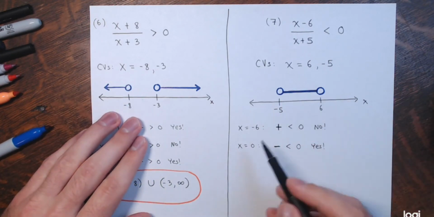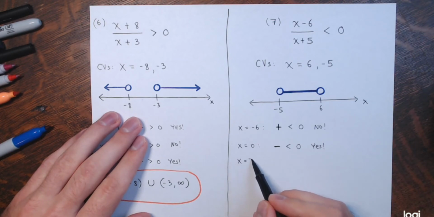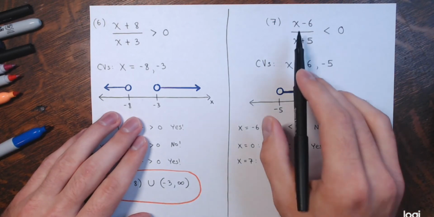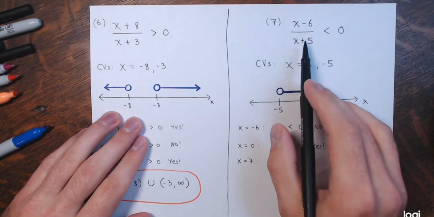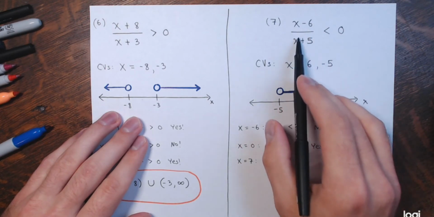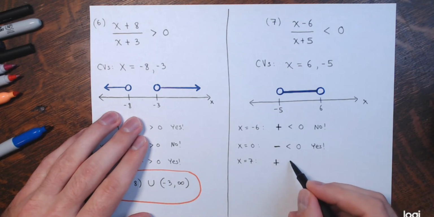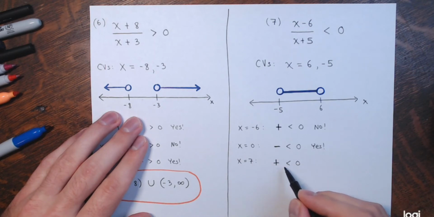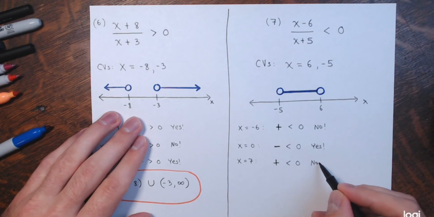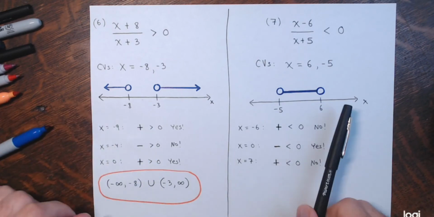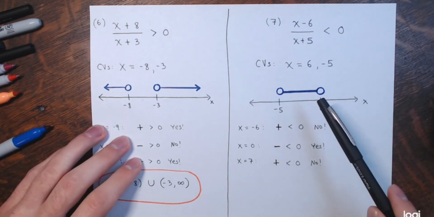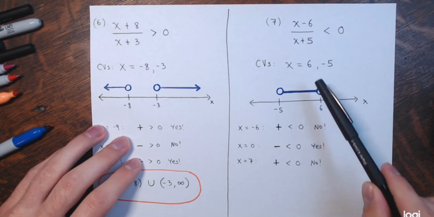And then to the right of 6, say just x equals 7. If I plug in 7, the numerator is positive, the denominator is positive, so the number on the left would be positive, and then you have is less than 0, and is a positive number less than 0? No, it's not. So I leave that interval blank, and here's the graph of all the solutions of this inequality.